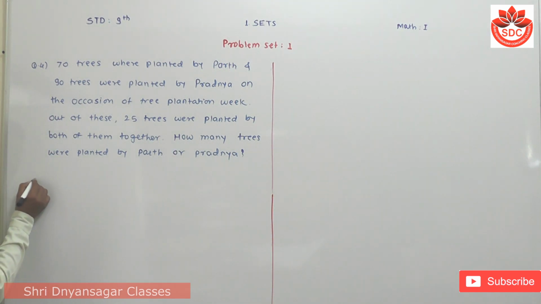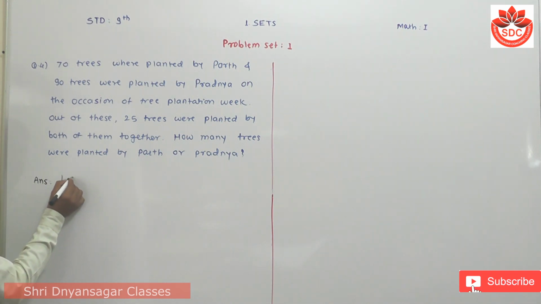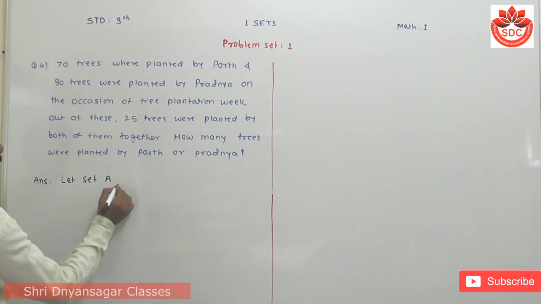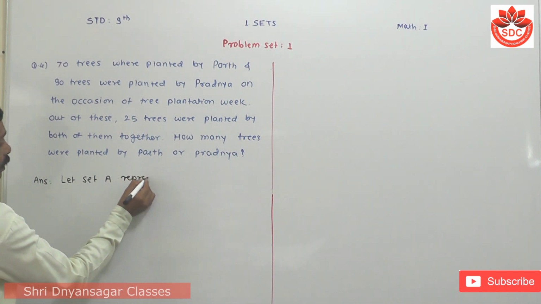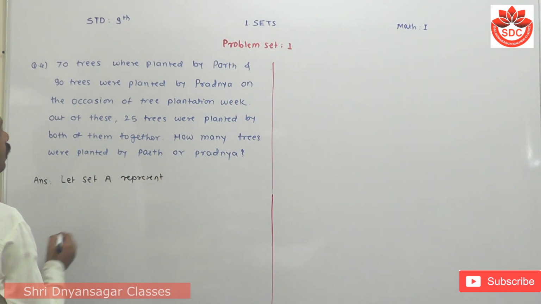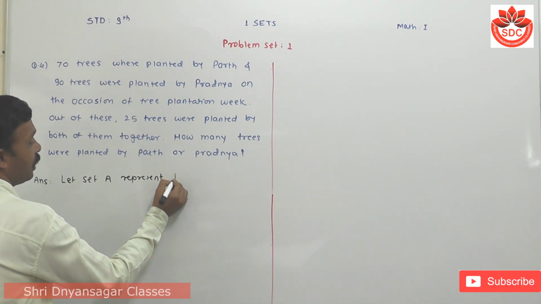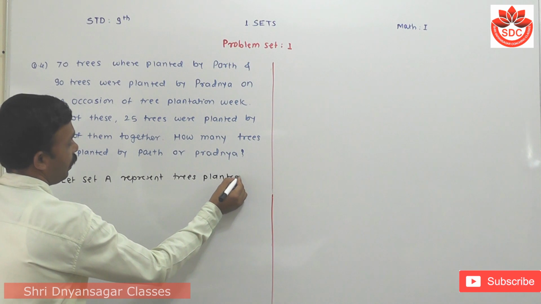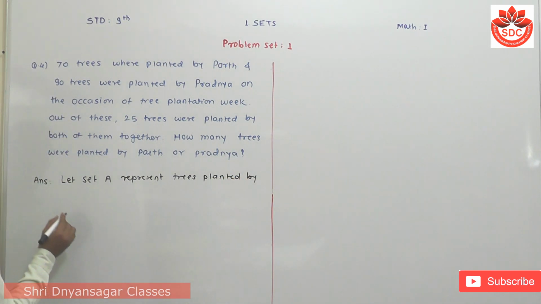Now the answer is, let set A represent trees planted by Parth.